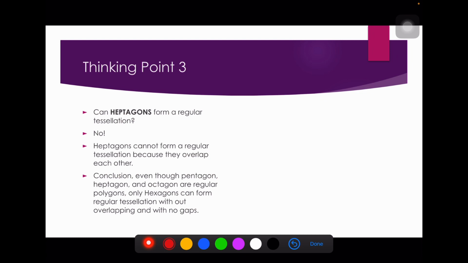The answer is no. Heptagons cannot form a regular tessellation because they overlap with each other. Okay, conclusion, even though pentagons, heptagons, and octagons are regular polygons, only hexagons can form regular tessellation without overlapping and with no gaps.